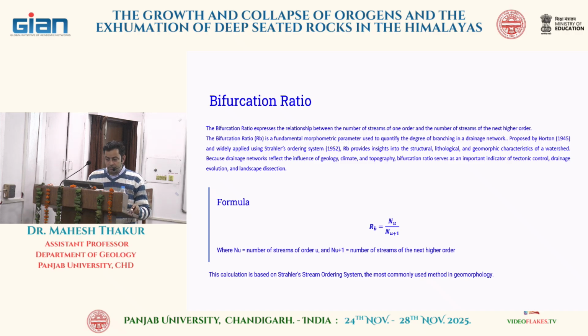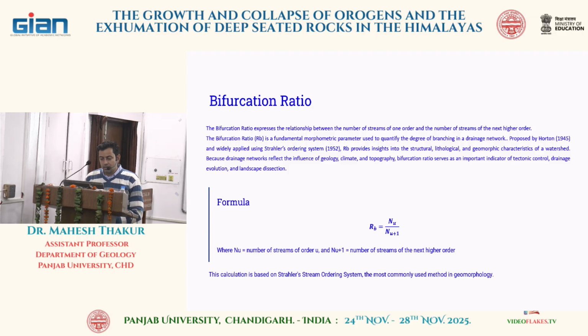So first is the bifurcation ratio. The bifurcation ratio expresses the relationship between the number of streams of one order and the number of streams of the next higher order. The bifurcation ratio RB is the fundamental morphometric parameter used to quantify the degree of branching in a drainage network.